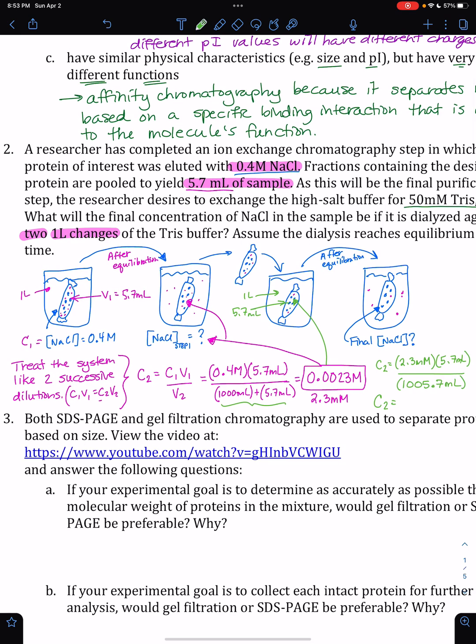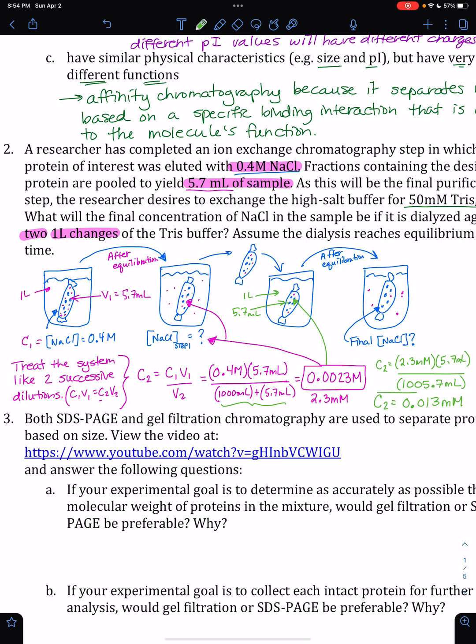So C2, our final concentration of salt after 2 steps of dialysis, is 2.3 times 5.7 divided by 1,005.7, and that equals 0.013 millimolar.